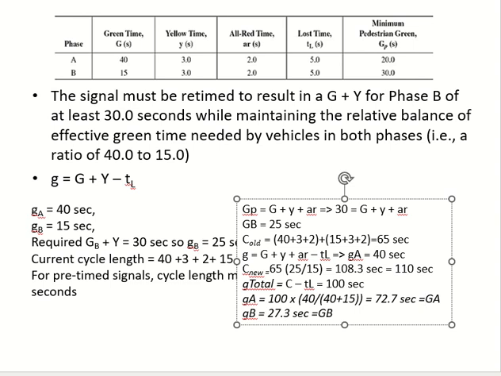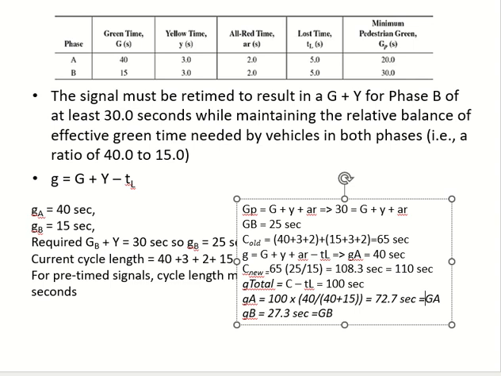So first of all, I calculated the old cycle length, summation of the phases. Then I calculated the effective green times, which is the phase minus the loss time. Then I calculated the new cycle length, which was the old one multiplied by the ratio of the timings you want to change, the new time and the old time. So the new cycle length was this much.